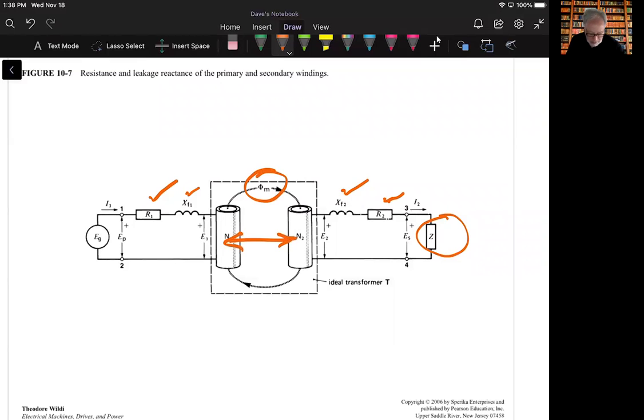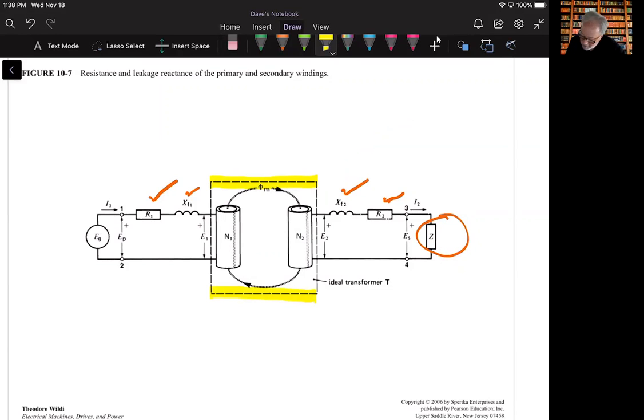The leakage-free magnetic coupling is enclosed in the dotted square, which is the ideal transformer. So inside the square is all that stuff that we looked into when we were talking about the ideal transformer.